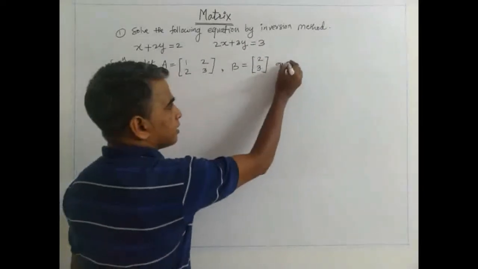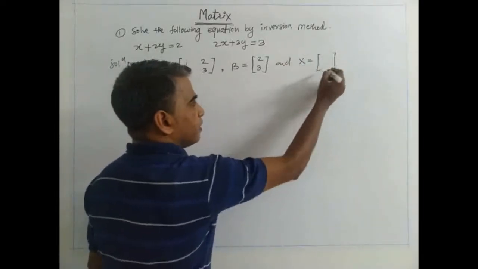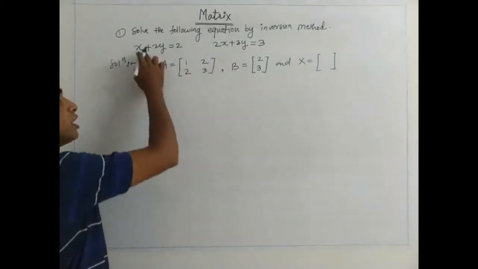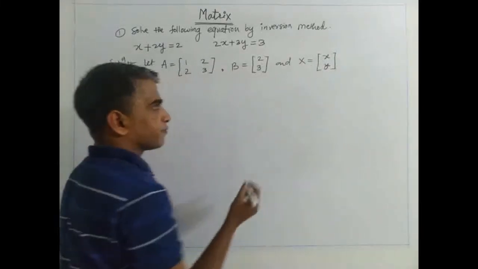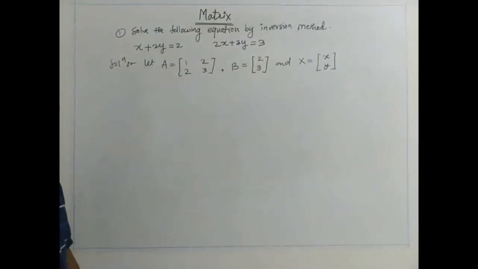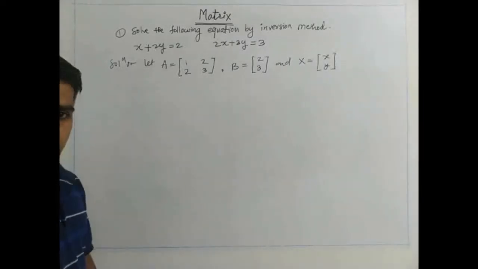And matrix X is the column matrix of variables. In these equations there are two variables, x and y. So these are the matrix formations of the given system of equations.